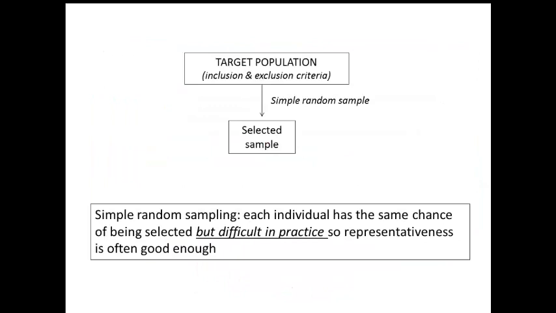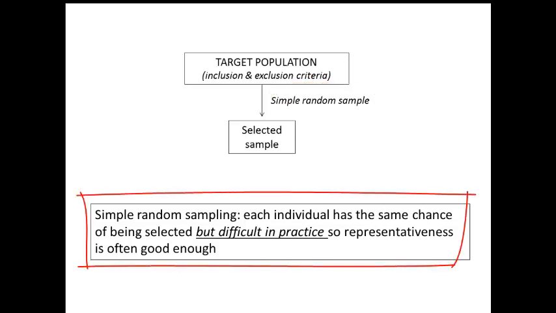The most basic method of sampling is the simple random sample, where each member of the population has an equal chance of being included. In theory, this would only be achieved by knowing our entire population and numbering them 1 to n, and then producing a random draw. In reality, we're rarely able to do that, so we often seek representativeness, which is often good enough.